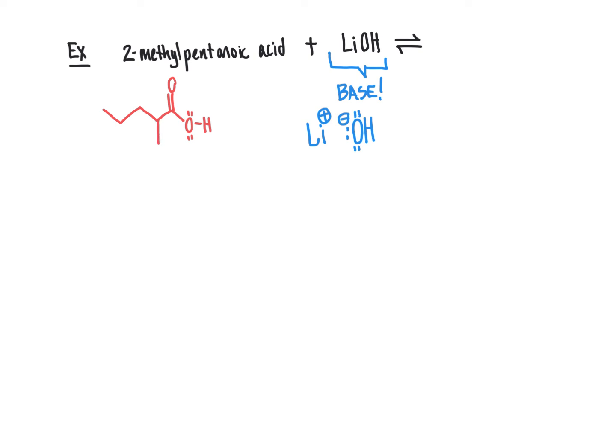And now what we will do to show how this is happening and what the product is, remember that the paradigm is that we take the base. In this case, we recognize that the base is the hydroxide anion. The base will have a negative formal charge on it. That base comes over, grabs a proton from our carboxylic acid. That forces the oxygen-hydrogen bond to break, and those electrons have to go somewhere.